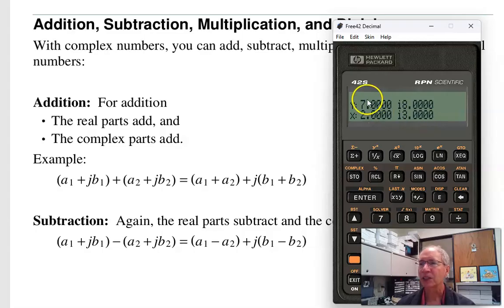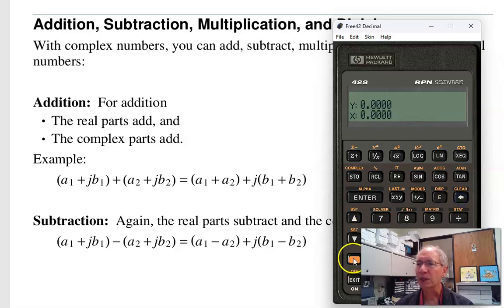Add them together, I should get 9 plus j11. Add, sure enough the answer is 9 plus j11. When you subtract, the real part subtracts, the complex part subtracts. So 9 plus j11 minus 5 plus j8. Subtract. Real part subtracts, complex part subtracts.